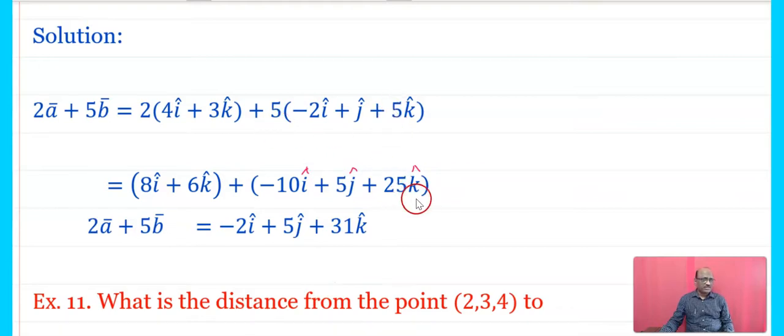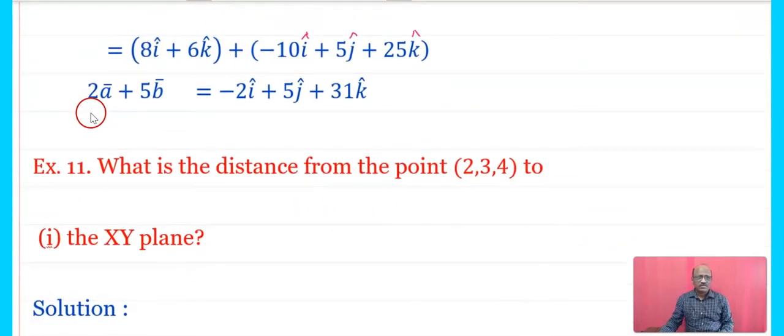Five times five, that is 25k cap, and now you evaluate it. That is 8i cap minus 10i cap, then you will get minus 2i cap. Next is 5j cap, and the 6k, and here is 25, that is 31k cap. Okay, therefore 2a bar plus 5b bar is equal to minus 2i cap plus 5j cap plus 31k cap.